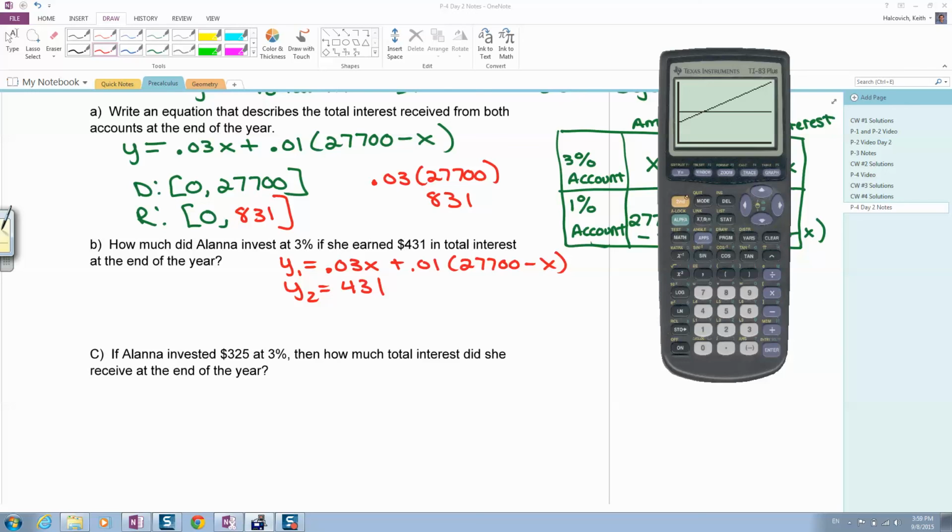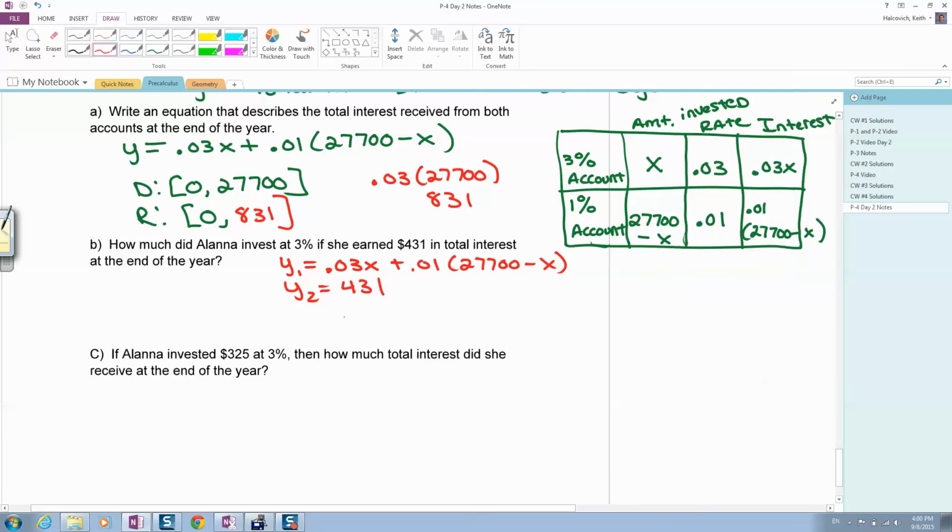So you go second, trace, intersect, and then you hit enter 3 times, and you get 7,700. So basically, after you do that, you find out that it's $7,700 that you invested at 3%.